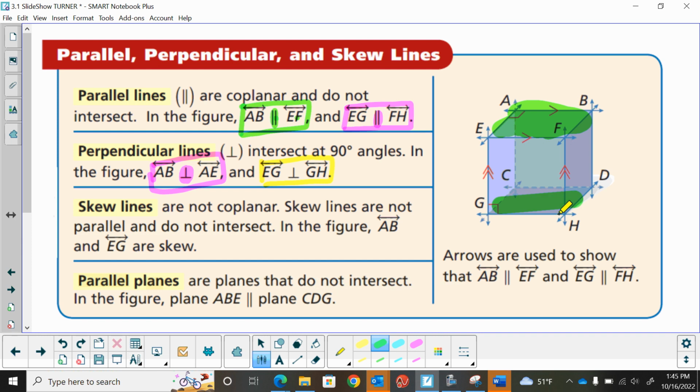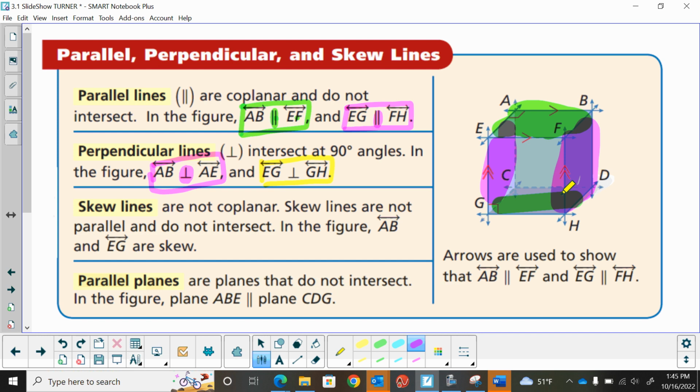Okay, they're never going to intersect. Hopefully your ceiling's not caving in down onto your floor. So that would be one example. Or you could pick the left and the right. Right, so those two sides would be parallel, okay, or the front and the back.